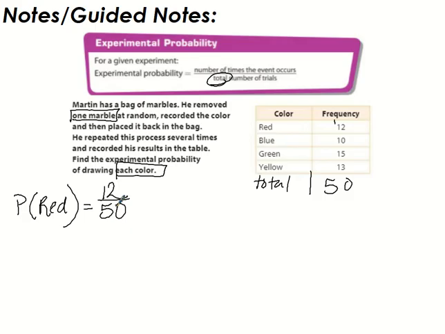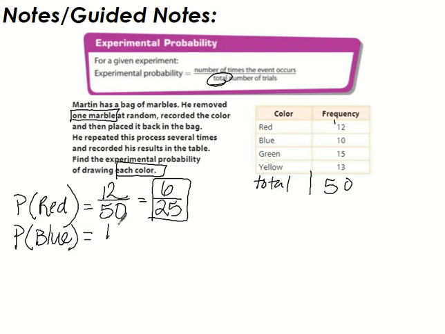Sorry, divide by 2. And we will get 6 out of 25. So there's the experimental probability for red. So let's do probability of blue. Okay, so 10 out of 50. We always reduce. This one will reduce by 10, and we'll get 1/5.